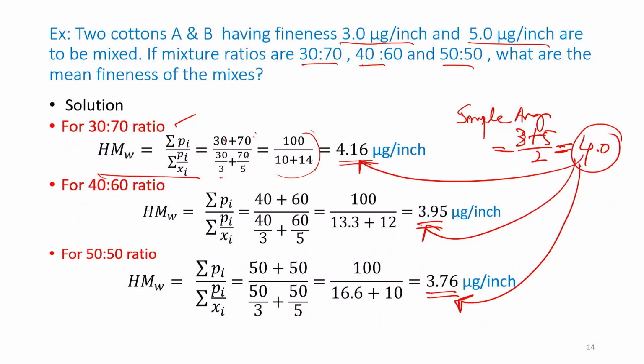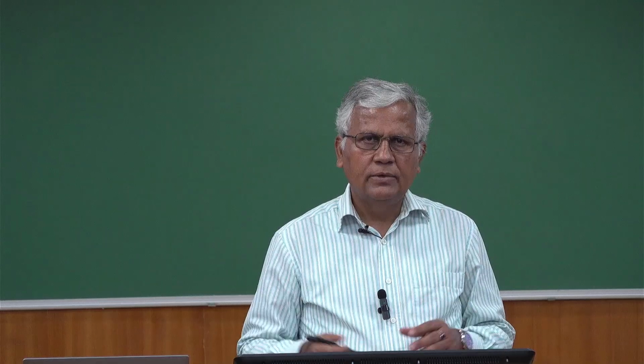So when we mix two different fibers of different fineness and whatever weight we choose, to find out the actual fineness of the mixture, we have to find out the total length of fibers in that mix and the total weight, and we take the ratio of these two. That is what is basically harmonic mean.